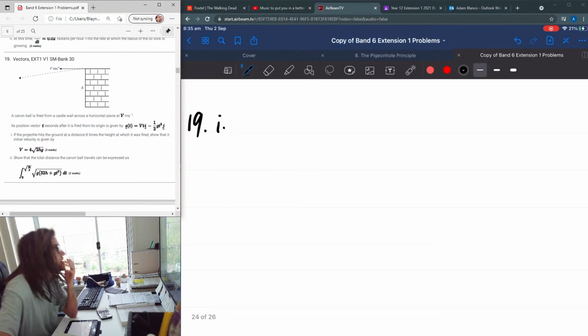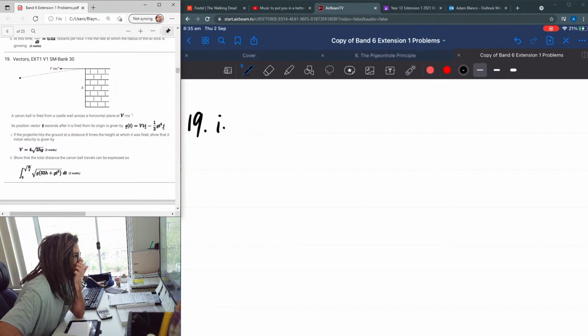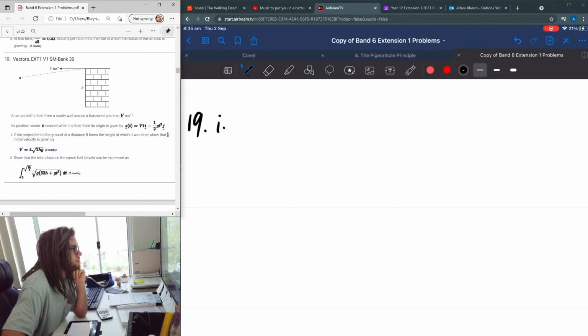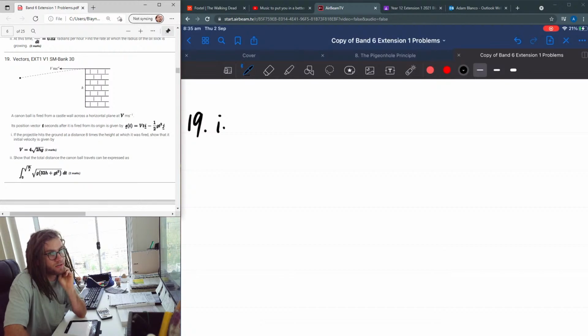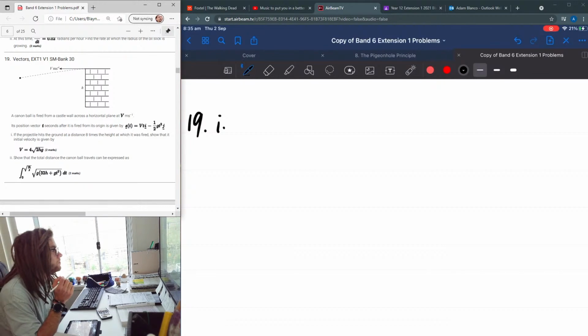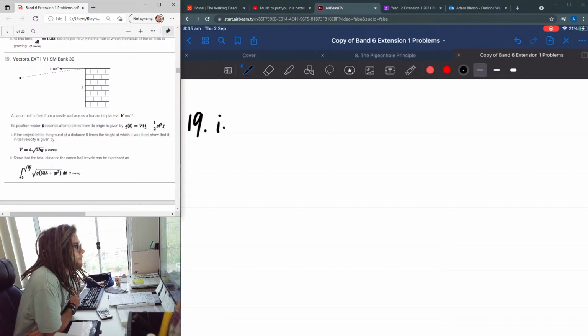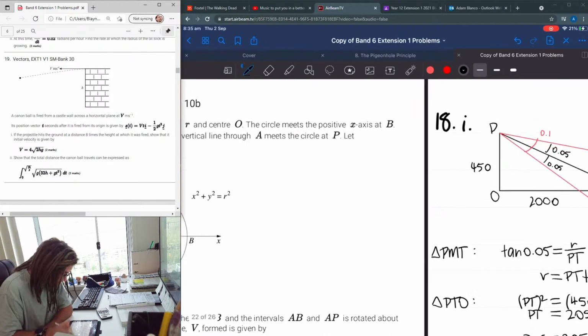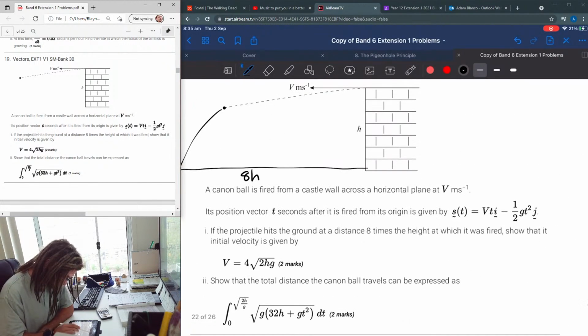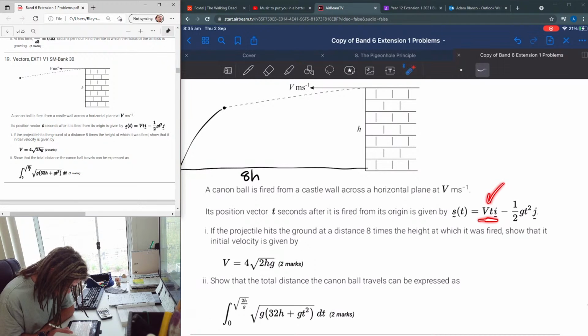Okay. So we want, if the projectile hits the ground, show that its initial velocity is that. In the next question it says v is positive. So if they've given it to you like this, you'd be suggesting that my v must be negative for that to make sense.